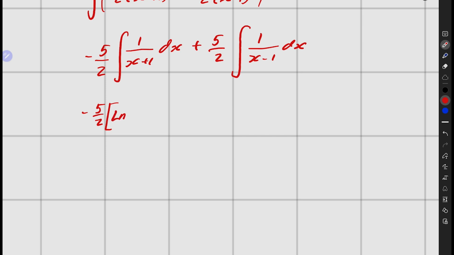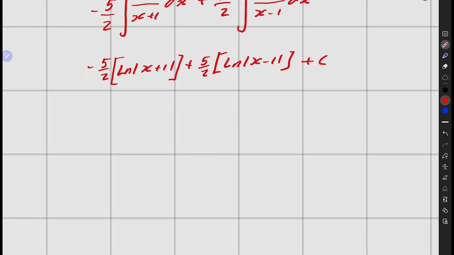From the integration laws, we know that's simply going to be ln of x plus 1. And then again, the next integral, we're going to have plus 5 divided by 2, natural log of x minus 1. And don't forget your plus c for your constant of integration.